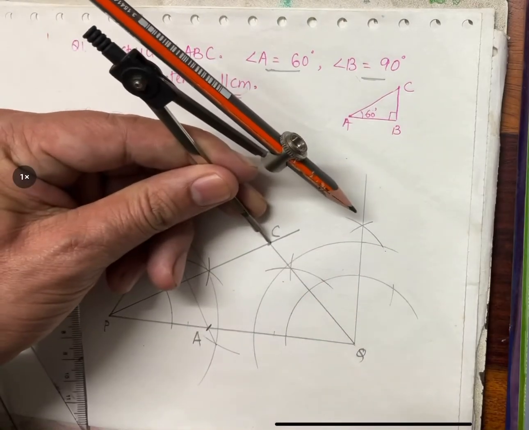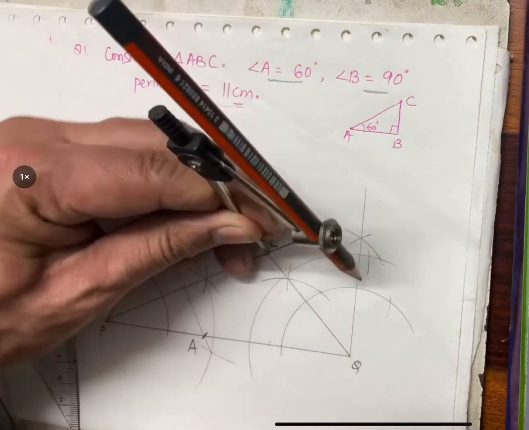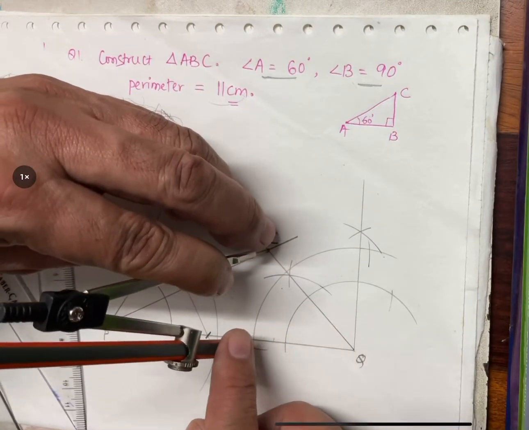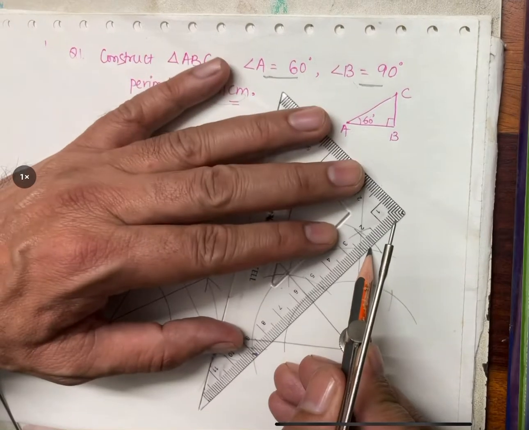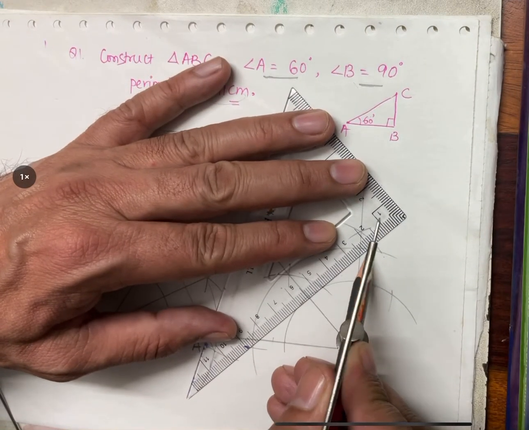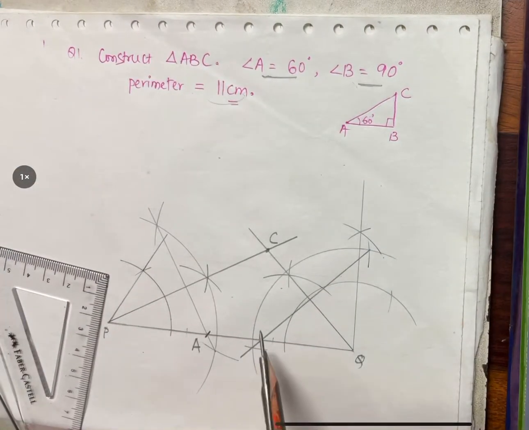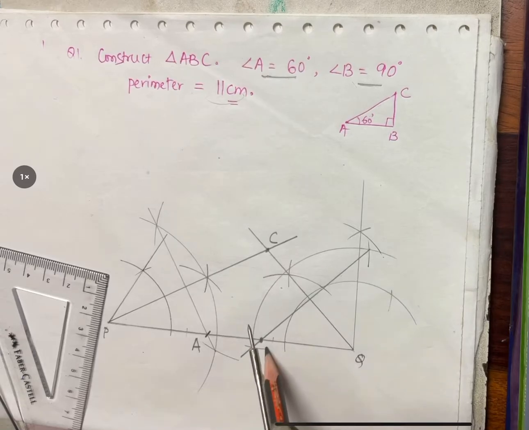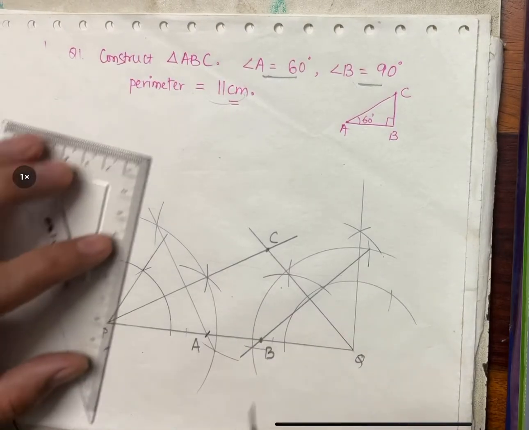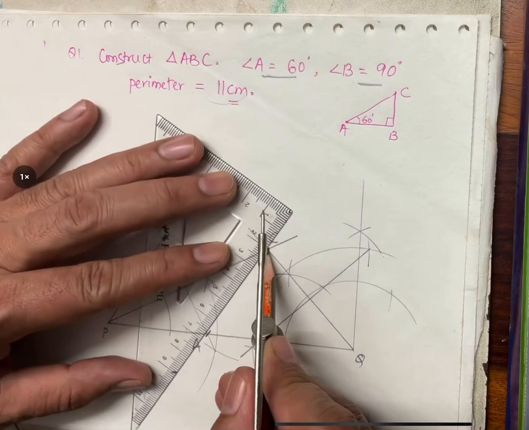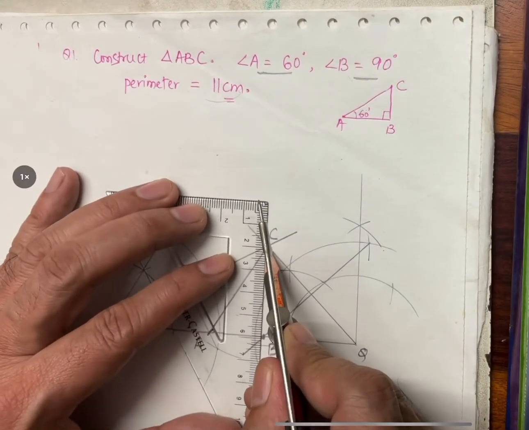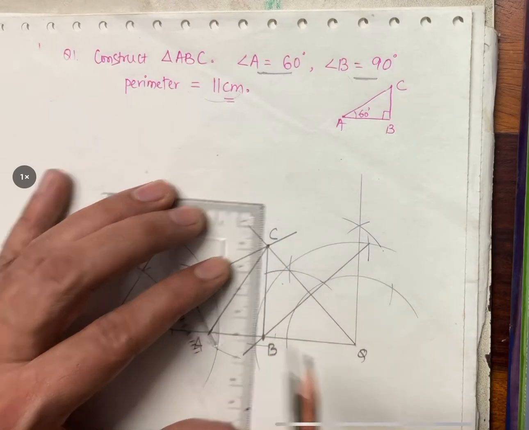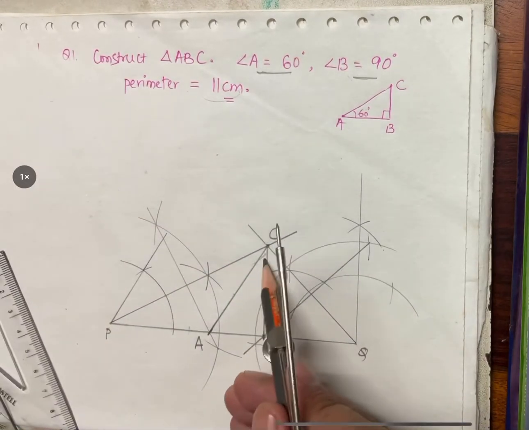Without changing radius, go to C, intersect the arc, and join these to create the perpendicular bisector. Yeah. This particular spot is B. Now join A, B, C. Join A with C and join B with C. This is our required triangle.